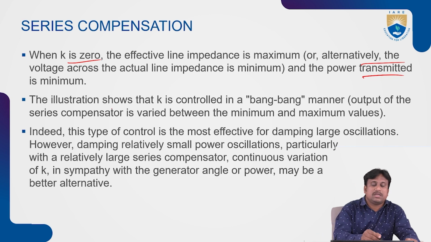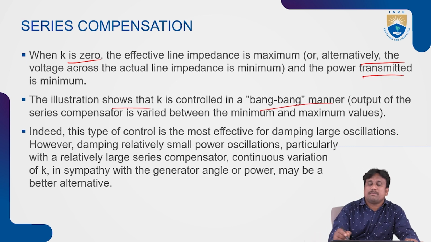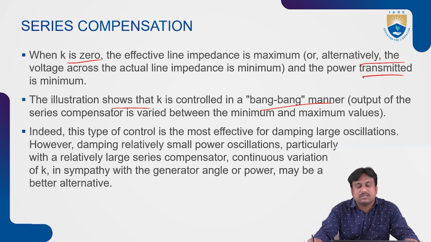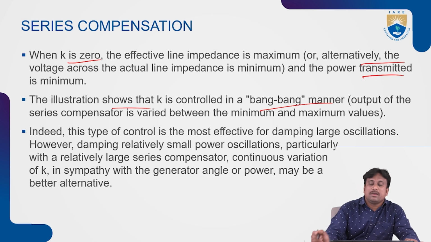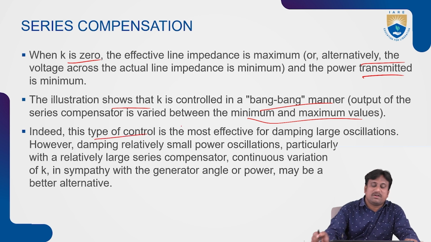The illustration shows that K is controlled in a bang-bang manner. The output of the series compensator is varied between the minimum and maximum values. Indeed, this type of control is the most effective for damping large oscillations.